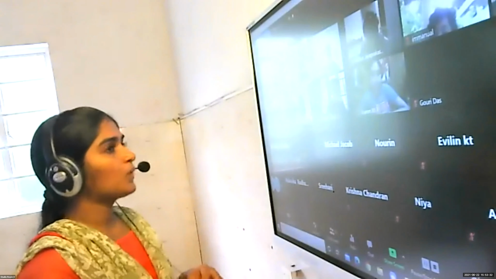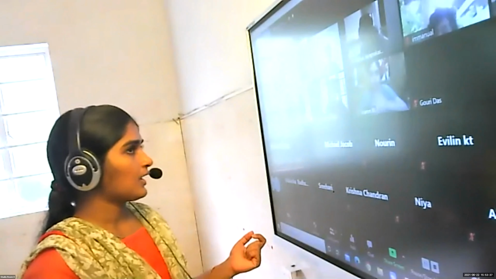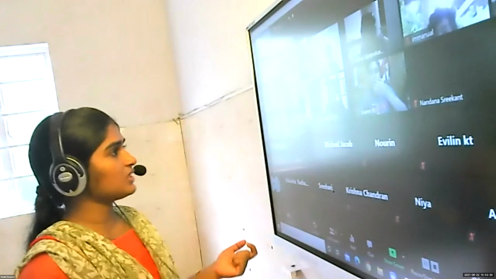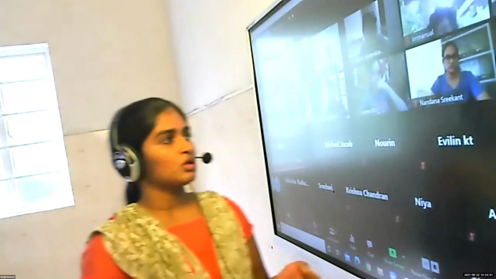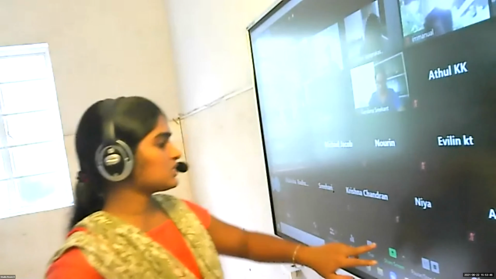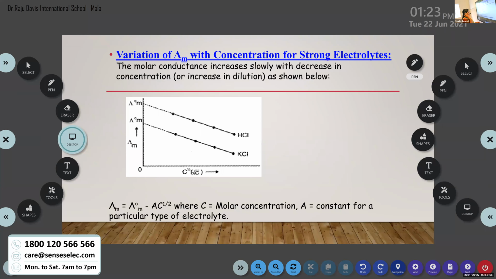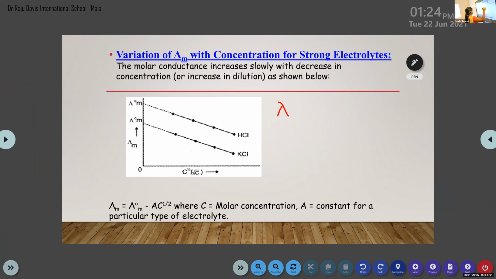Okay, then we have learned one equation that relates conductivity, molar conductivity and concentration, right? Then we plot a graph of concentration versus molar conductivity. From this graph we can determine two factors. One thing already understood from the figure is the limiting molar conductivity, lambda m0. That is the y-intercept, right?